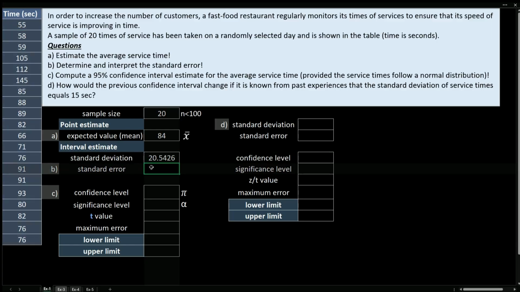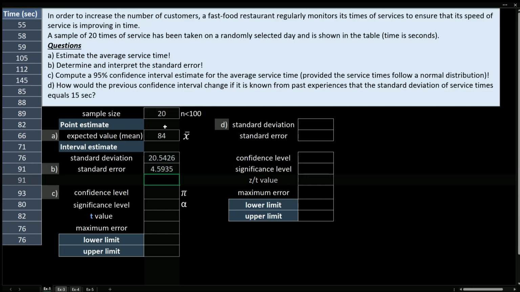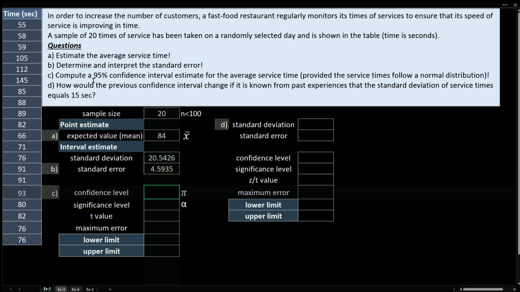So it is standard deviation from the sample, and we select the sample. Standard error is going to be standard deviation divided by root n, or SQRT of sample size n. Significance level is given. This is related to part C. So we determine the standard error.